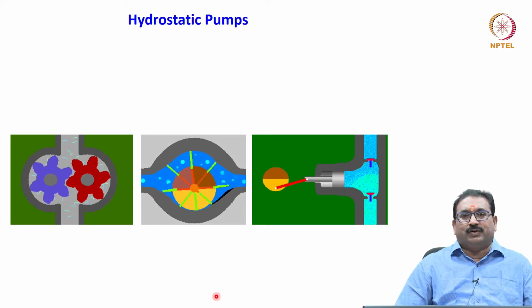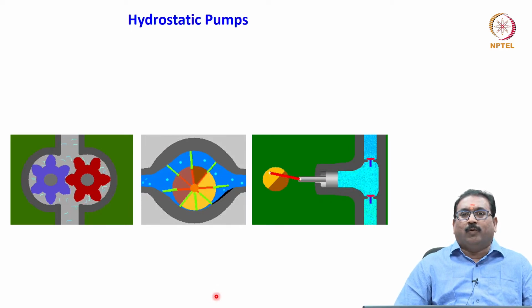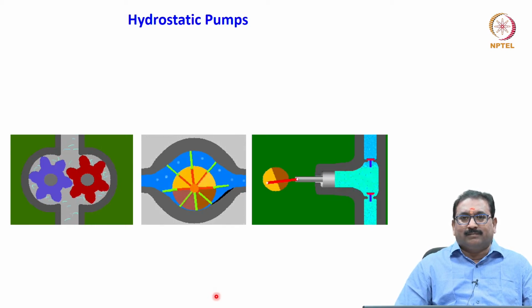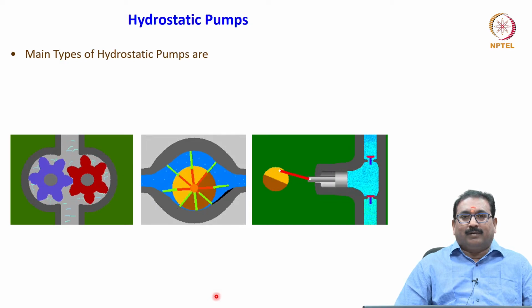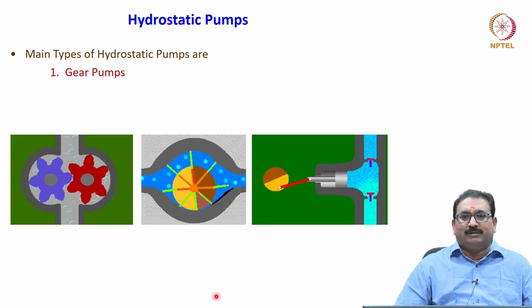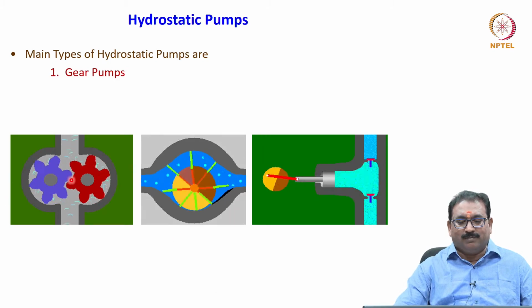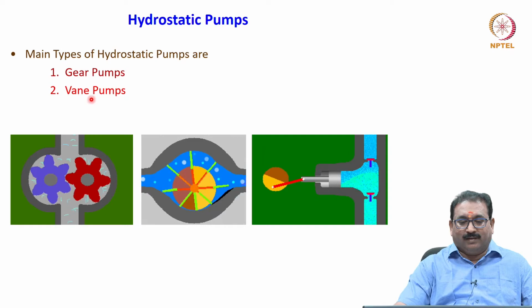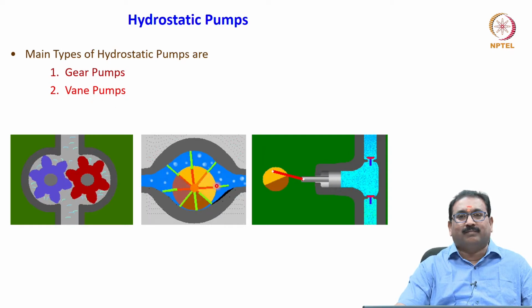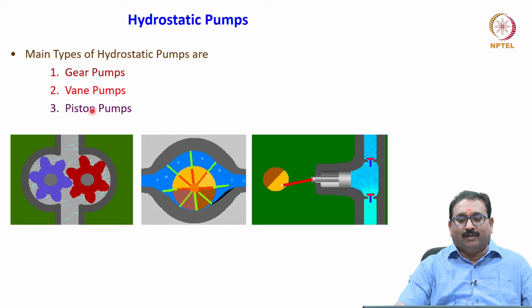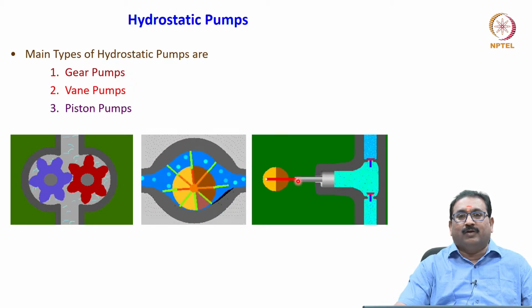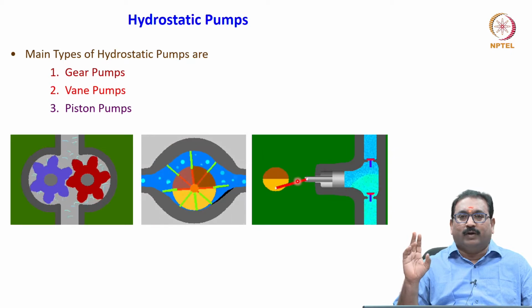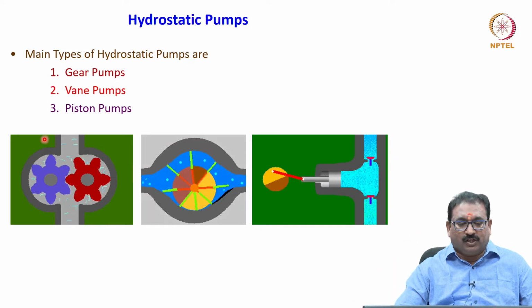Now we will see, friends, these are the most popular pumps in hydrostatics. They are gear pumps, I will tell you the constructional features, then vane pumps, piston pumps. In all the pumps you have to understand neatly, friends, some rotating elements are there and a stationary housing is there.